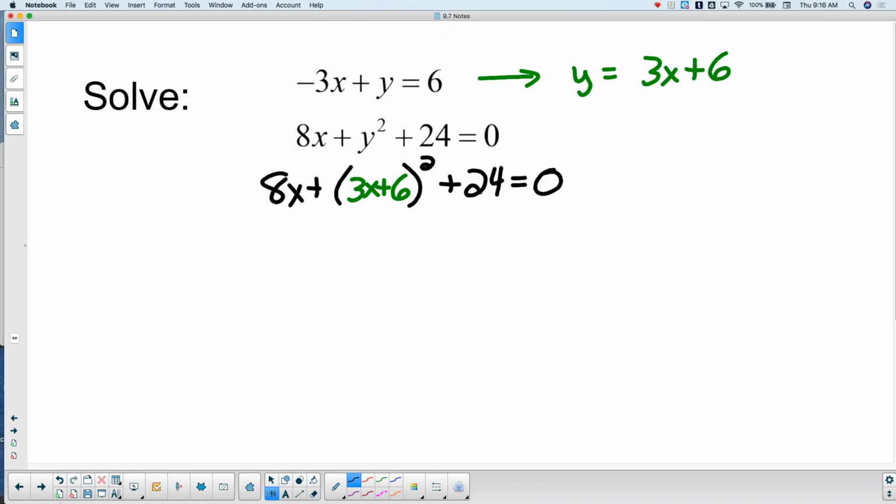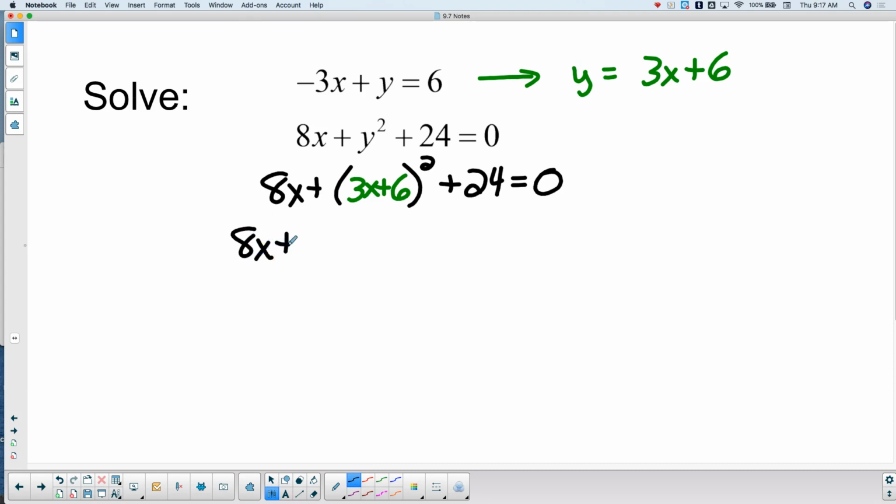Now, does anybody know the quick way to square a binomial? Okay, if you don't, here's how you do it. Let me go color coded for you. So 8x would stay 8x.